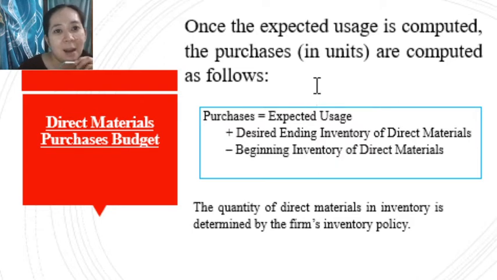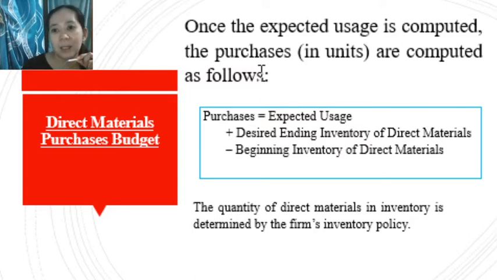After that, we will determine the purchases in terms of number of units. Meaning, if this is the number of units required as input to produce that output, then this is also the number of units that needs to be purchased.